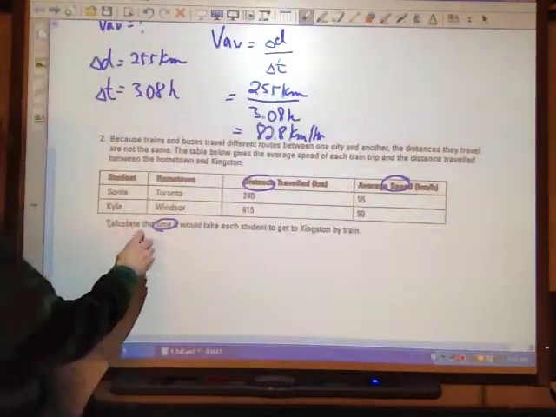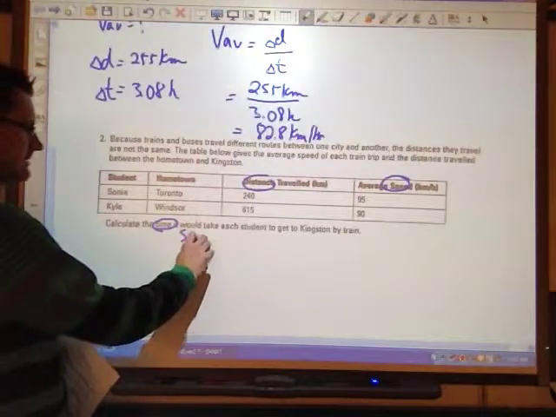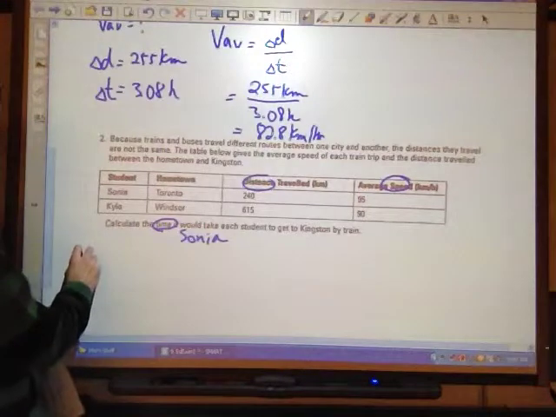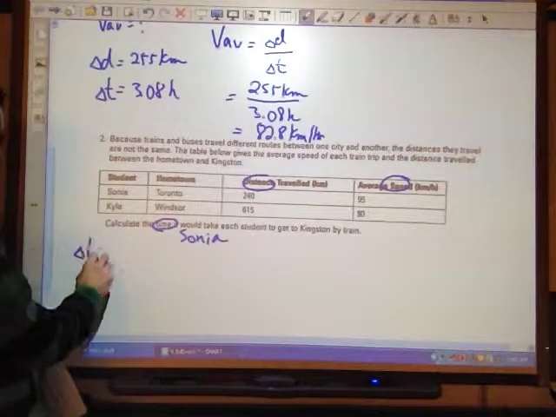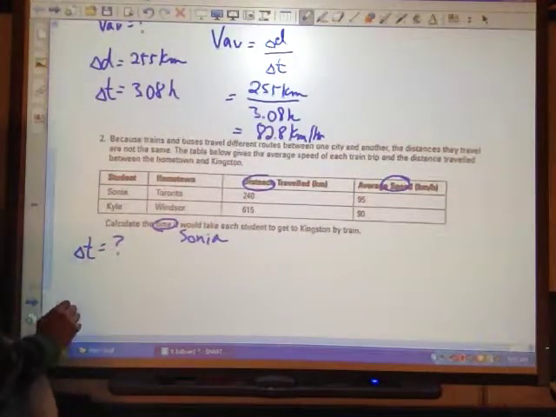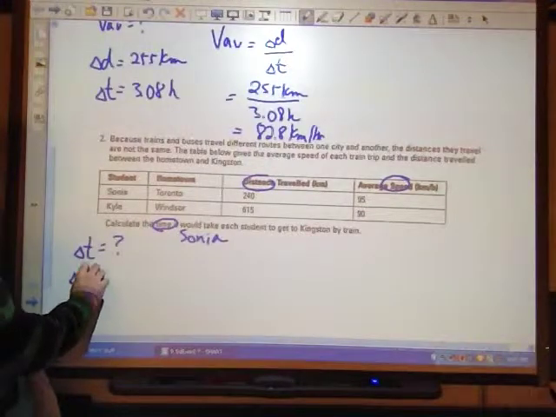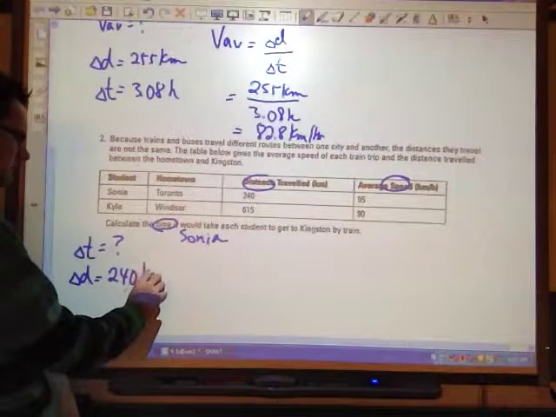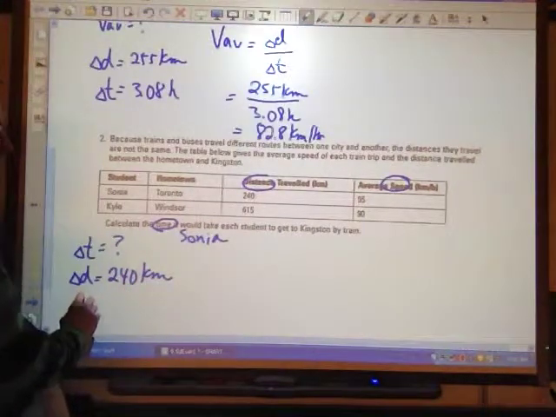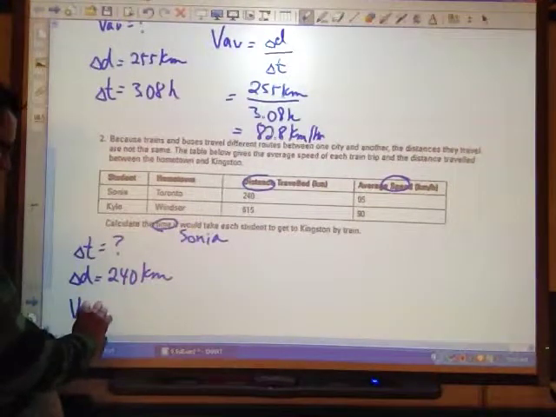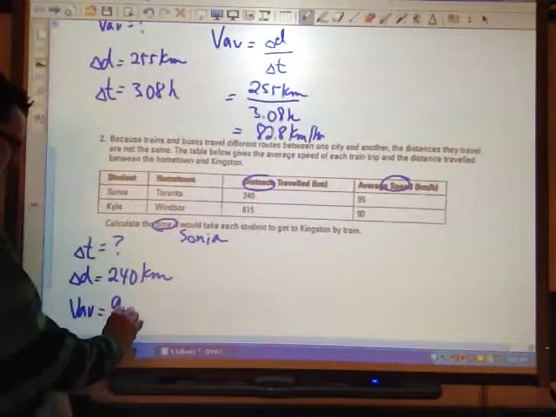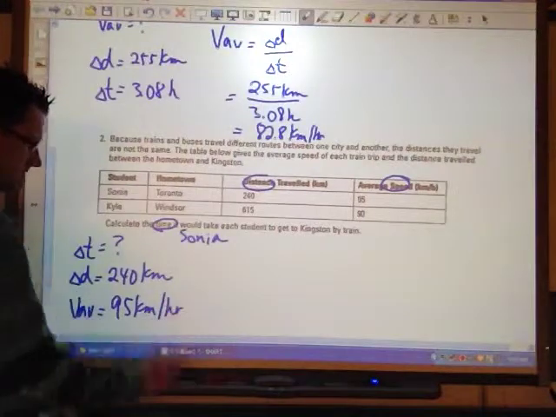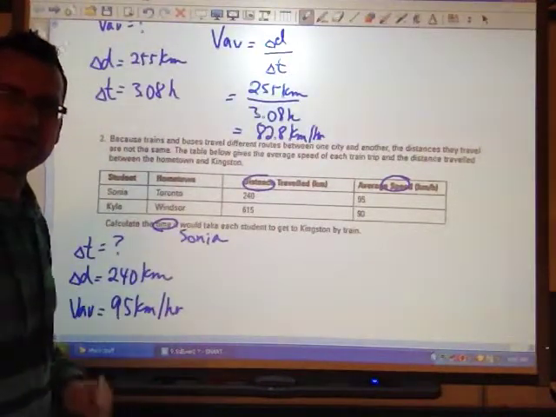So once again, I'll look at Sonia's information. Here we're asked to find time. So T is the question mark. Distance we're given. In her case, it's 240 kilometers. And we're also told the average speed, 95 kilometers per hour. So we're asked to find different information here.